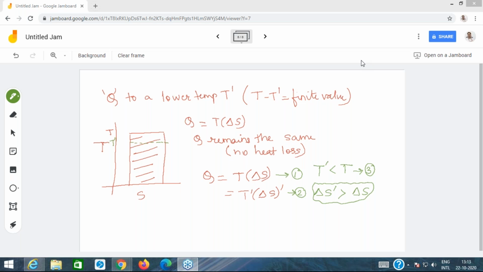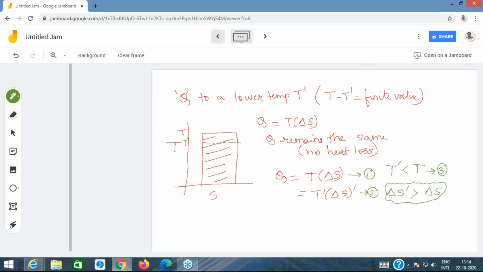Ganesh, listen. See what we are talking about. We are talking about the heat transfer Q. Heat is being transferred from the source, which is at a temperature of T. Let me go to the previous slide.